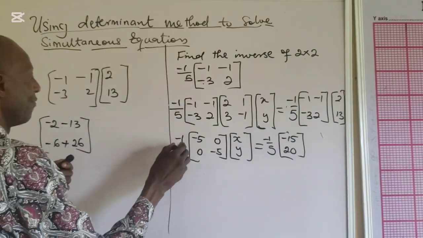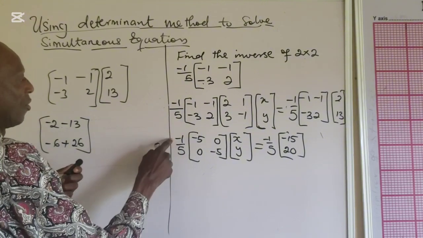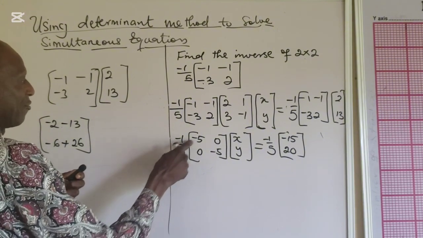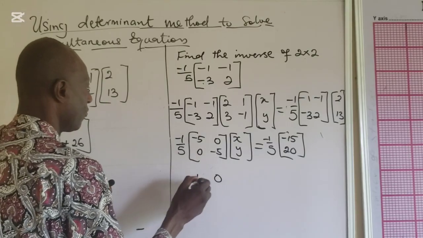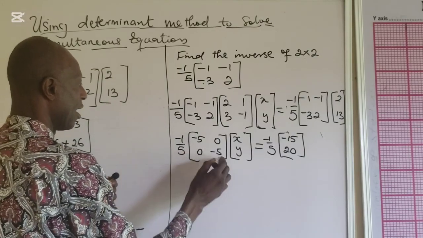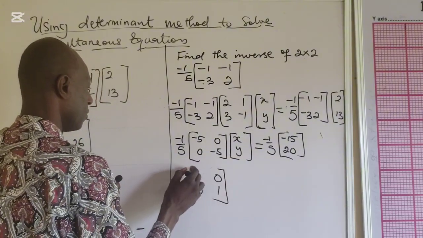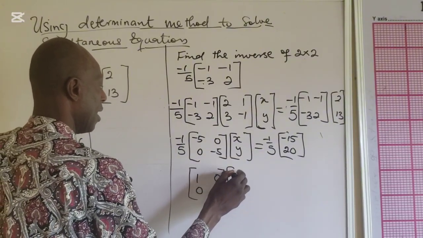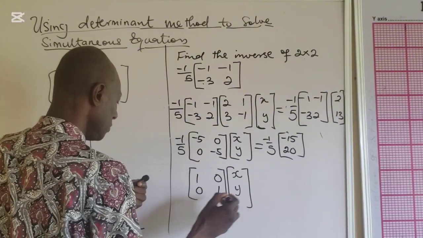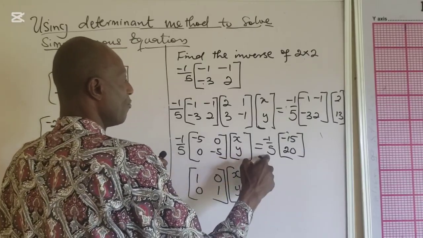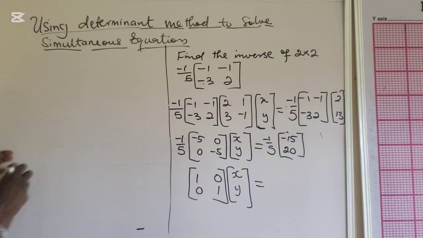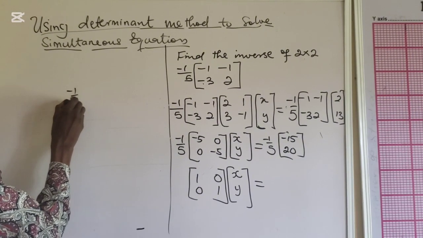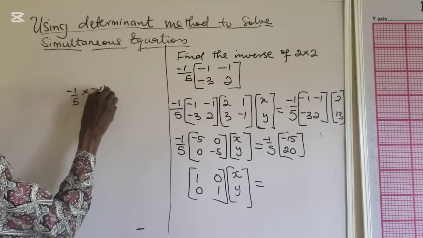Now if you use minus 1/5 to divide this one, you are left with 1. Here will be 0. Here will be 0. Together, here will give us 1. Now we use minus 1/5 to multiply minus 15.